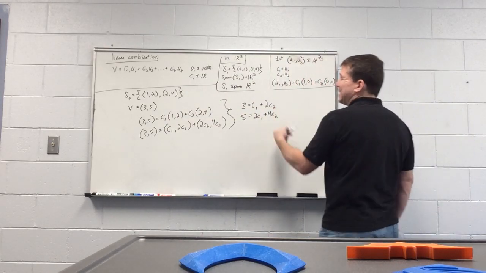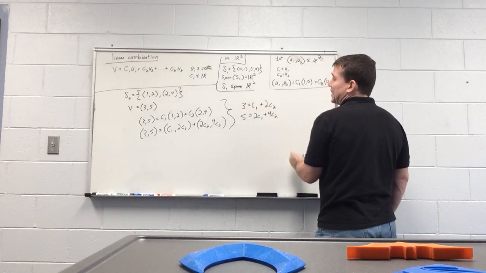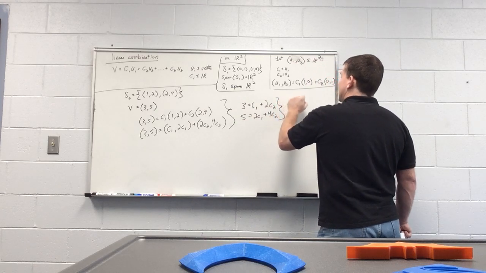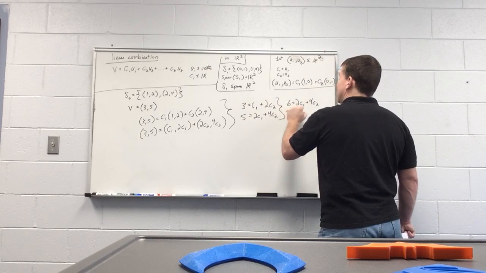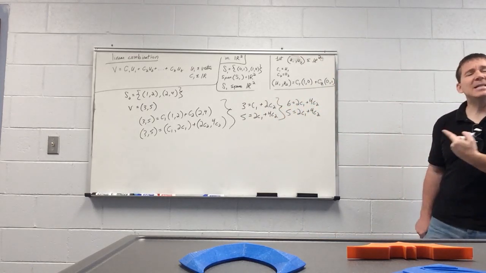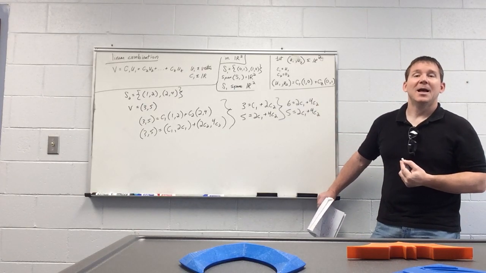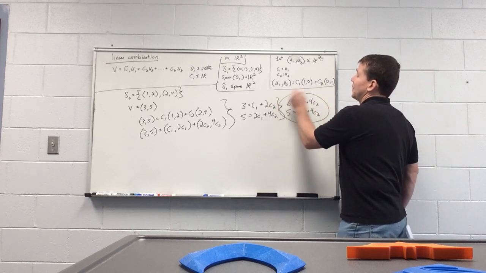To save time and not write out all the matrix formulation, multiply the first equation by 2. And I get 6 equals 2C1 plus 4C2, 5 equals 2C1 plus 4C2. And now clearly there's not going to be any solution that will actually work. I could do it by way of matrices, but I can see it right here.